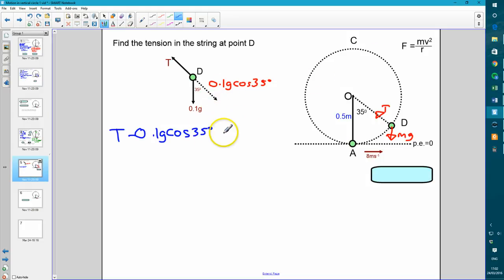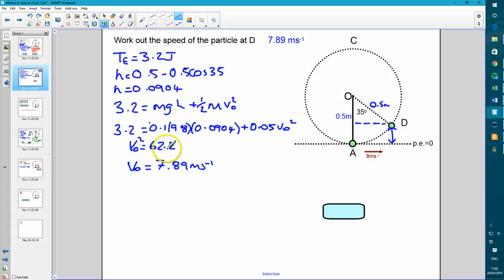And that's going to be equal to mv squared over r, so that's going to be 0.1 times the velocity at D squared over r, which is 0.5. Now conveniently earlier we worked out what the velocity of D squared actually is, and we've got the value of that as 62.2.